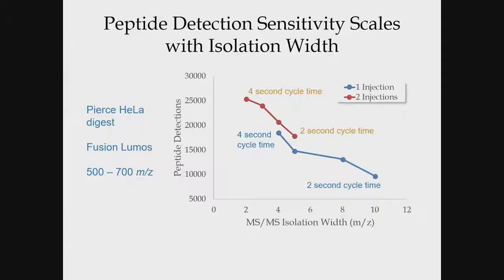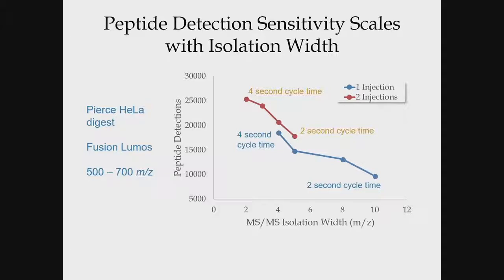In this case, we're doing a single injection to cover the mass range. But the key take-home message is that the narrower the isolation width, the greater the sensitivity. In fact, there's almost an inverse correlation: as the isolation width gets larger, you begin to lose your sensitivity or ability to detect certain peptides.